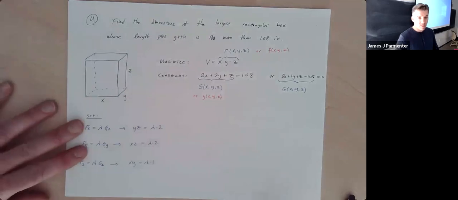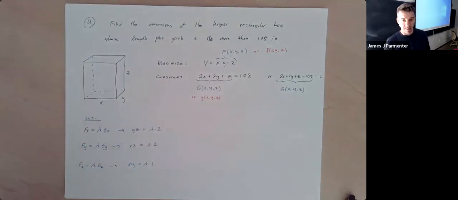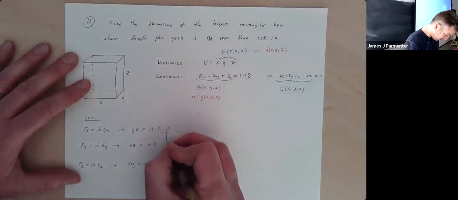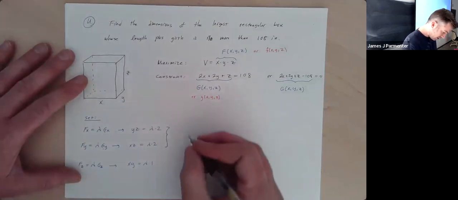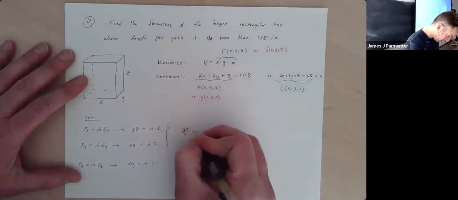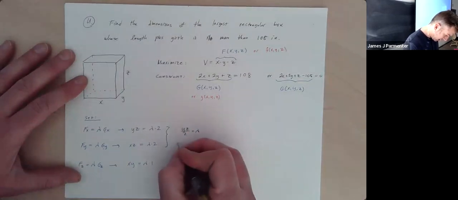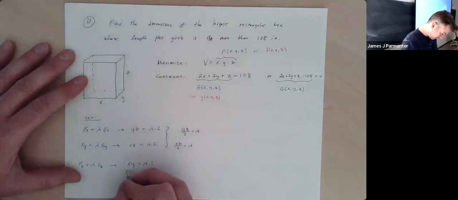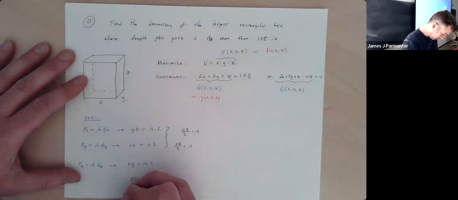And then what is typical is to isolate lambda in each of these and then set them equal to each other in a way that allows you to solve for x, y, and z. So I solve for lambda first: yz over 2 equals lambda, xz over 2 equals lambda, and here we have just lambda equal to xy.